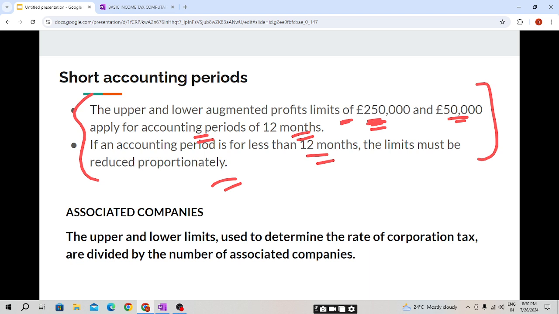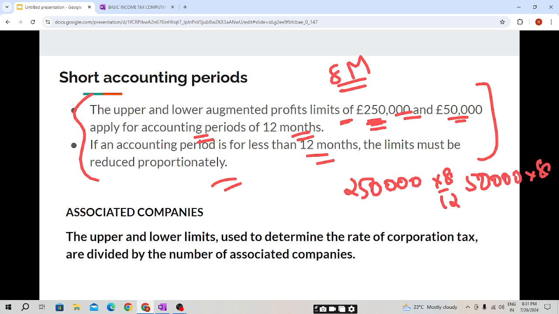If the accounting period is short, apportion the limits. If the accounting period is of 8 months, then 250,000 pounds into 8 divided by 12, and 50,000 pounds into 8 divided by 12. So this will give us 166,667 and 33,334.